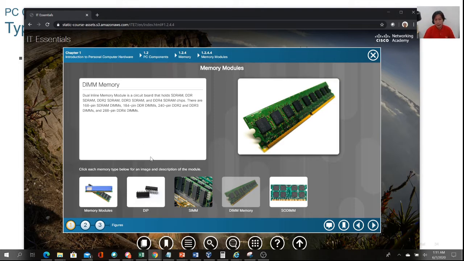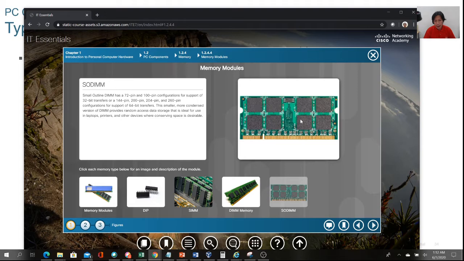Most of these memory modules differ in, number one, capacity, and number two, speed of processing, the speed of communicating with our CPU and our different buses. The last ones here are the SODIMM, small outline dual inline memory module.